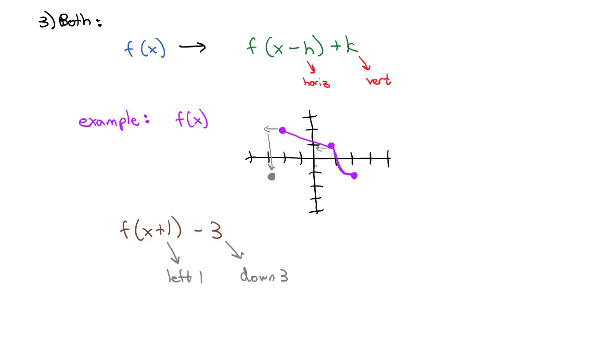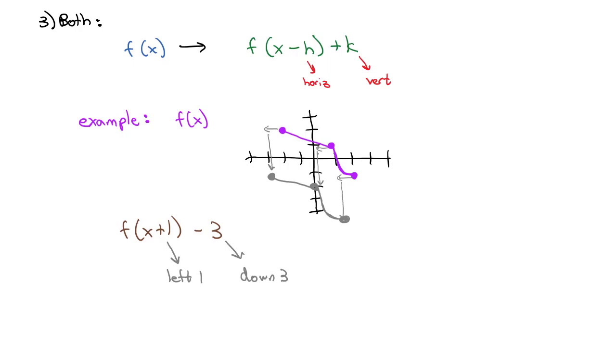It's going to go left 1 and down 3 units. There's my next point, still connected with a straight line. Again, left 1, down 3 units, and it's going to be connected with the little curved line again. And there's my new graph that's been shifted left 1 and down 3, which we could see by the plus 1 in the domain and the minus 3 outside in the range.